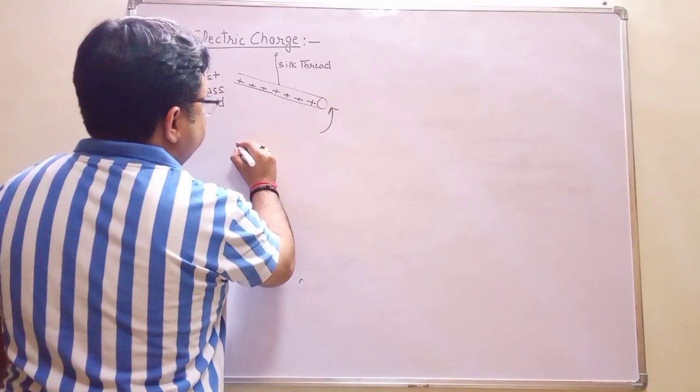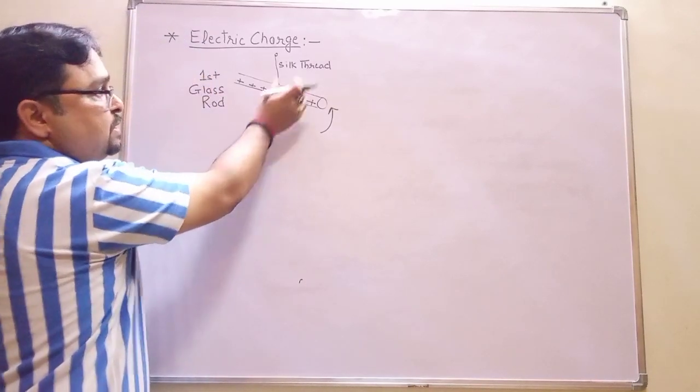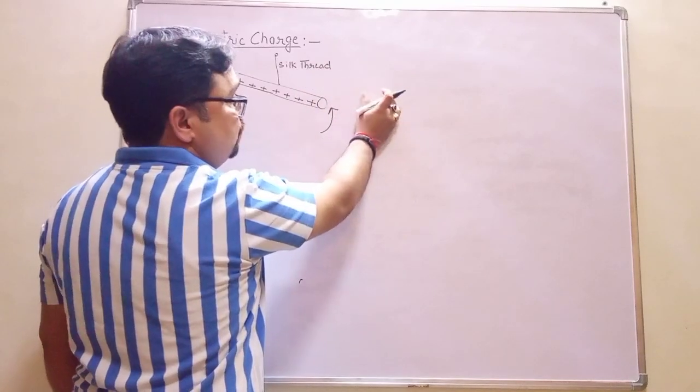Now in this third case, we have one glass rod rubbed by silk or wool.